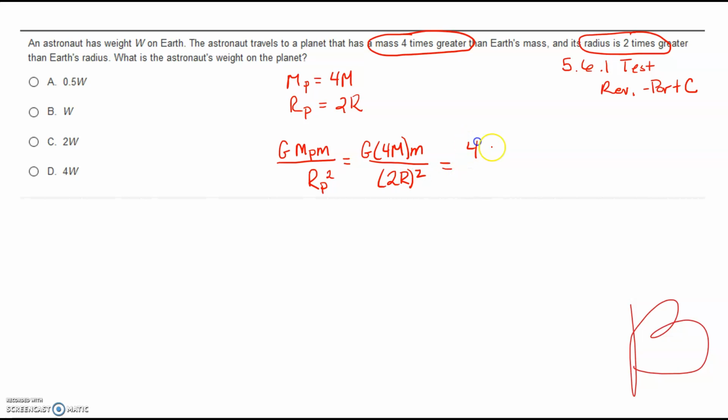So I have 4 GMM over 4R squared. My 4's are going to cancel, and this looks just like the formula. So that's going to be this one.